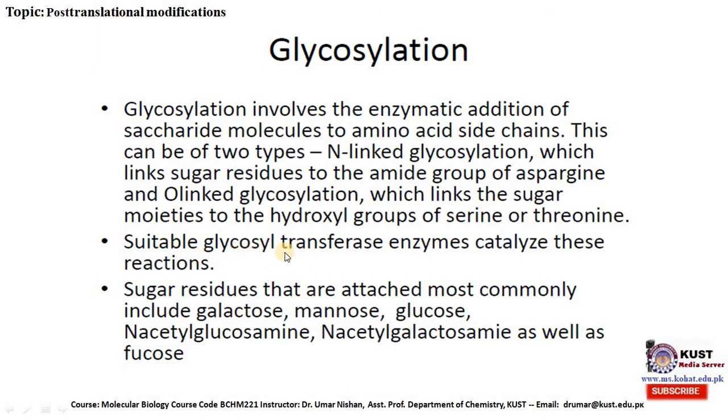Suitable glycosyl transferase enzymes catalyze these reactions. Sugar residues that are attached most commonly include galactose, mannose, glucose, N-acetyl glucosamine, N-acetyl galactosamine, as well as fucose.